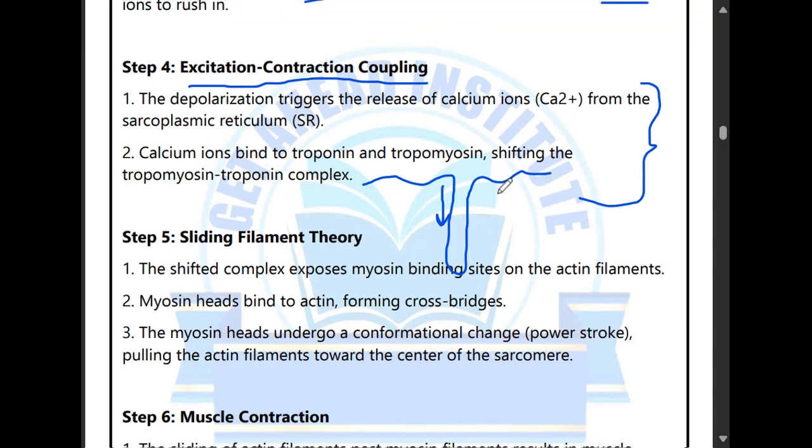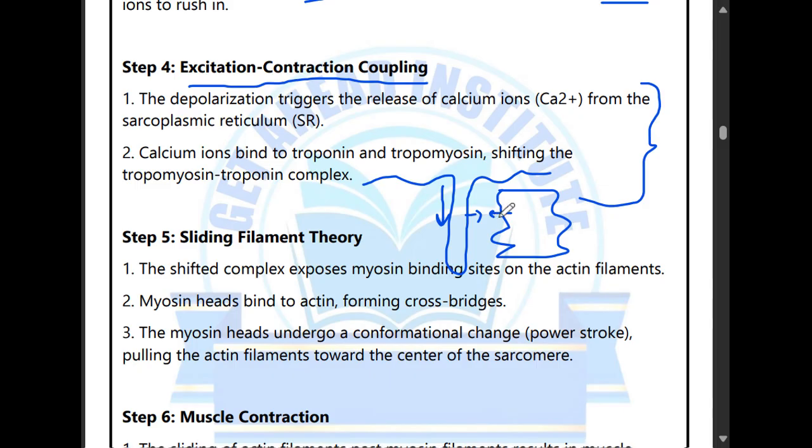Let me just try to draw something here. This is the sarcoplasmic reticulum, and this is the T tubule. On the T tubule, we have the dihydropyridine receptor. Then on the sarcoplasmic reticulum, we have the ryanodine receptor.